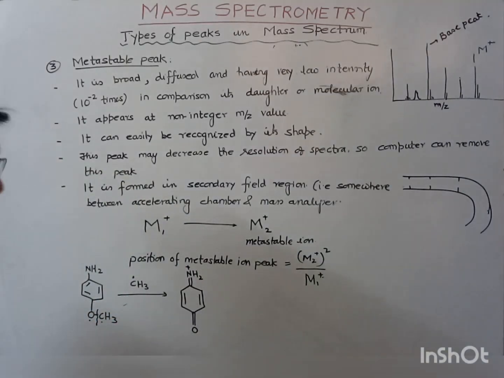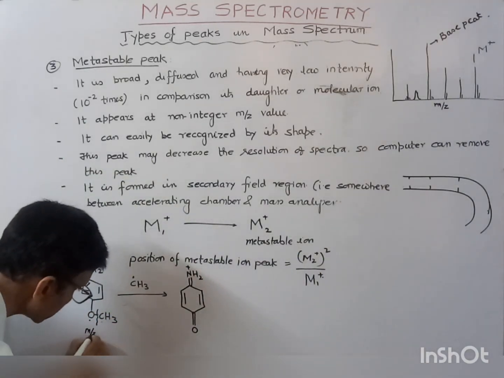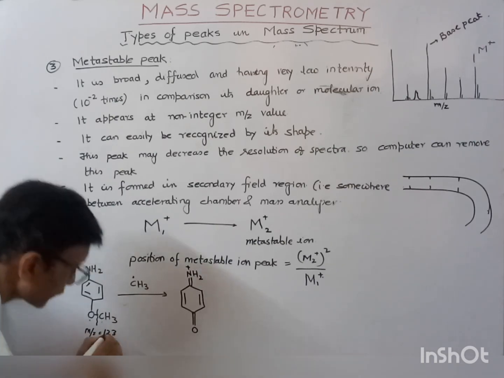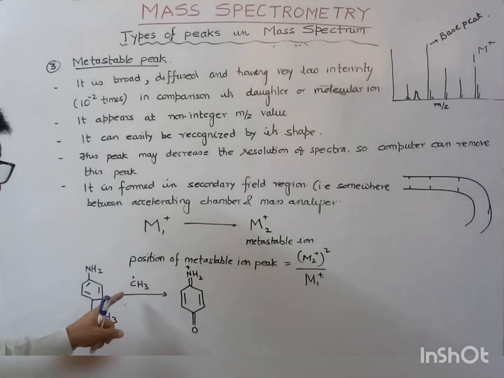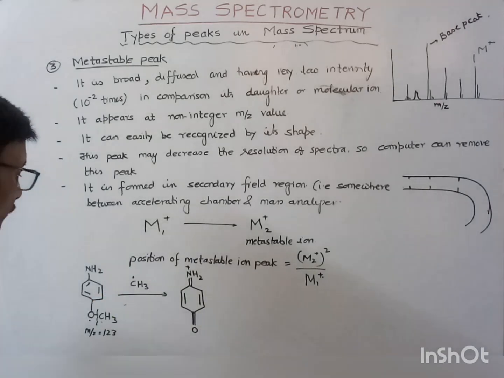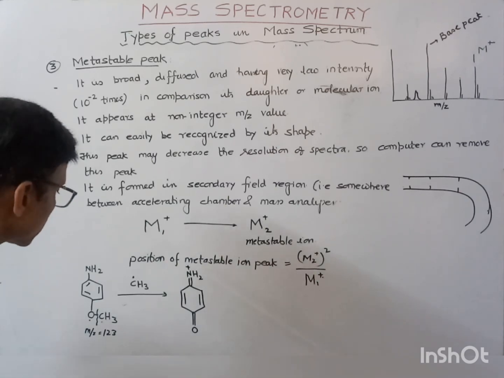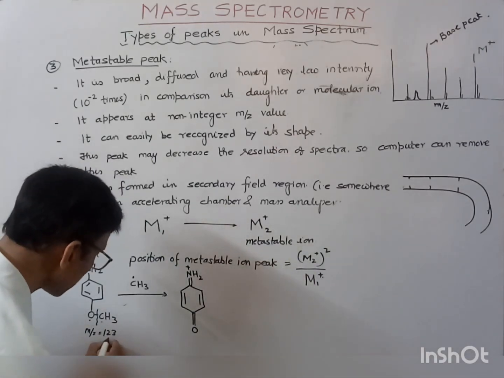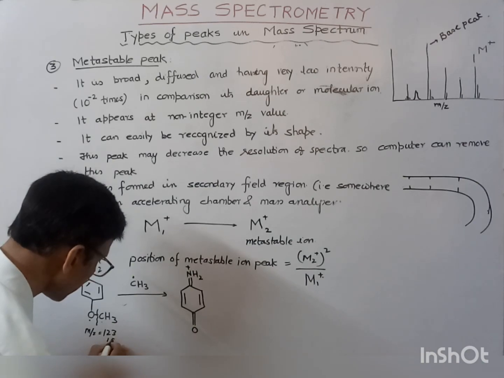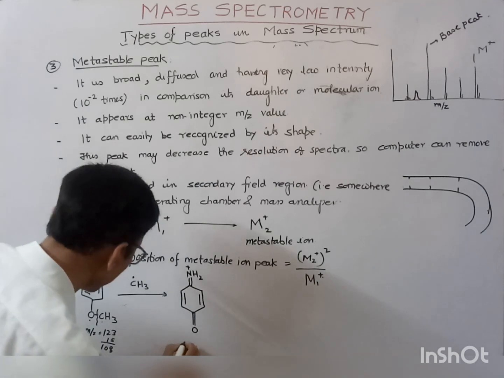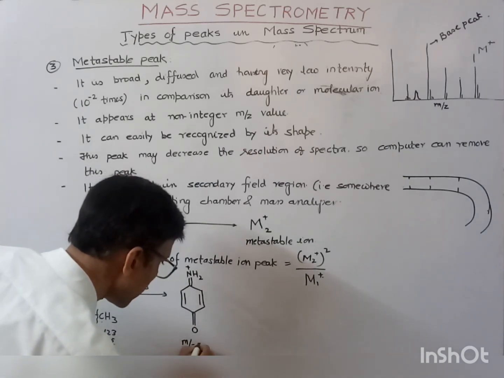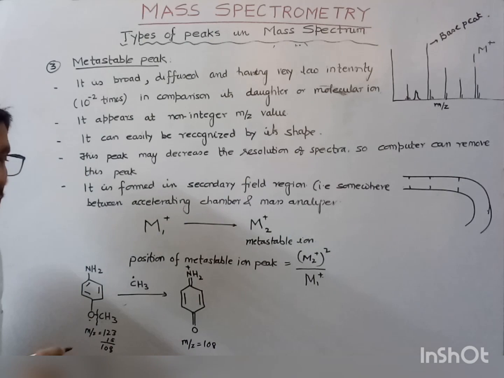Suppose the m by z value for this is 123, and if we subtract 15 mass units, then we have 108. So 108 is the m by z value for this one.